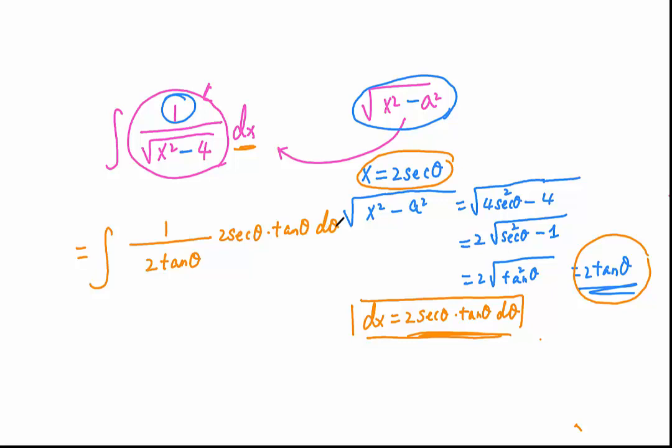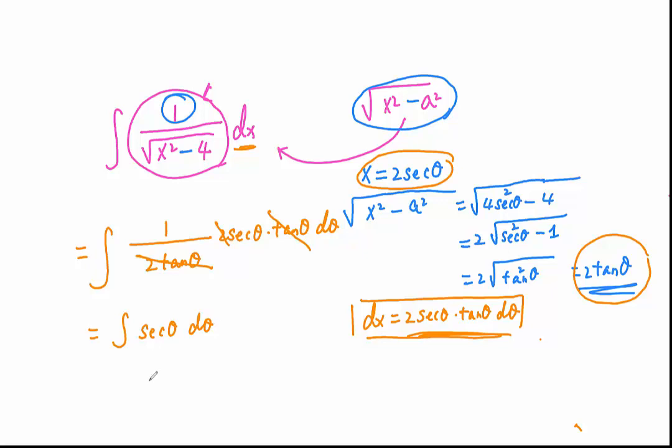Good. So it's very clear that we can simplify. I can cancel the 2 and the tangent theta. Now what remains is secant theta d theta. So the problem now converts into just solving the integration of secant theta.